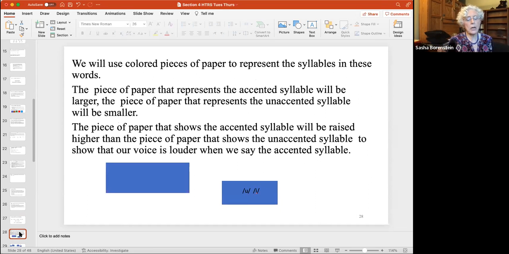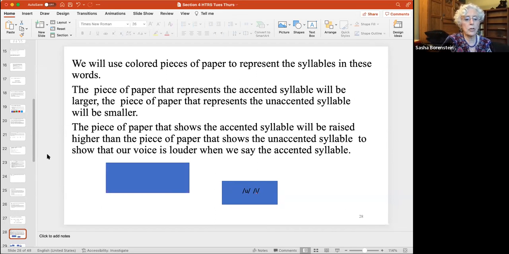The other piece of paper is shorter and not as tall. And I put the sound of U or I on it because the vowel collapses into a schwa. So I can have a whole group of my students show me which syllable is accented by putting these different size papers up.